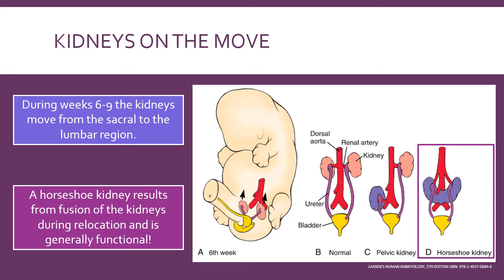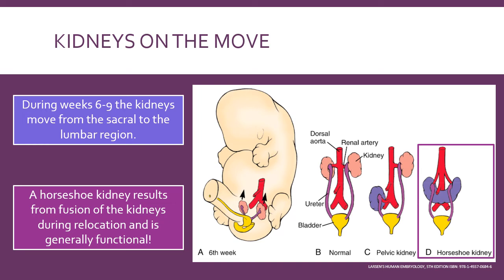Now, horseshoe kidneys are really interesting because they can be quite functional, and folks that have them may not show any symptoms, and it may be something that's not discovered until there's an X-ray or imaging for some other purpose, or in some cases may not be discovered at all.